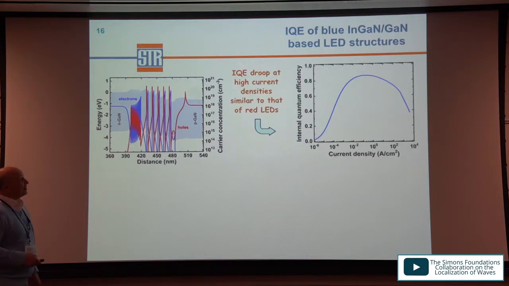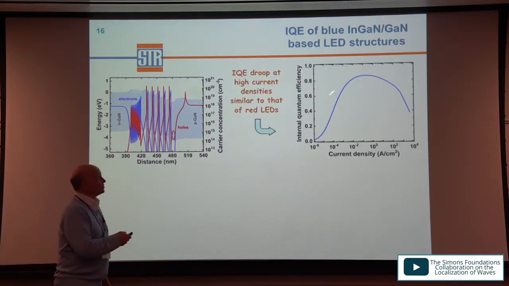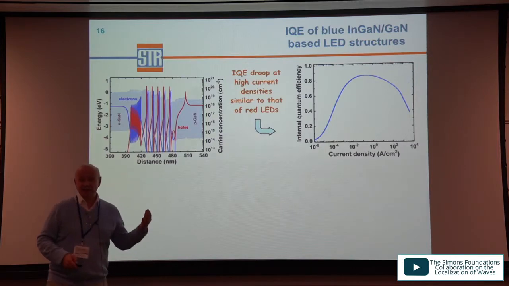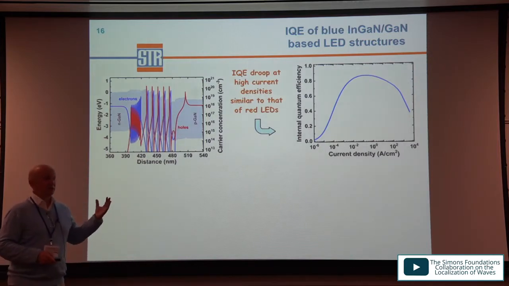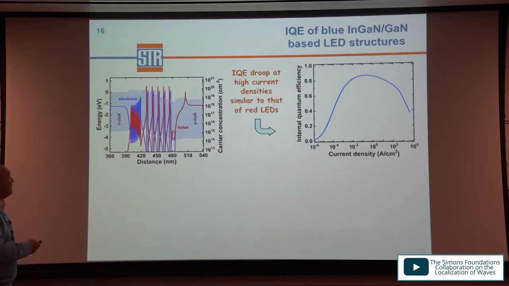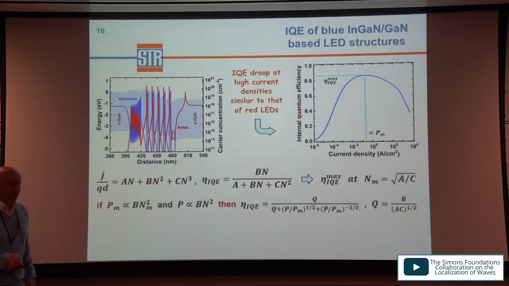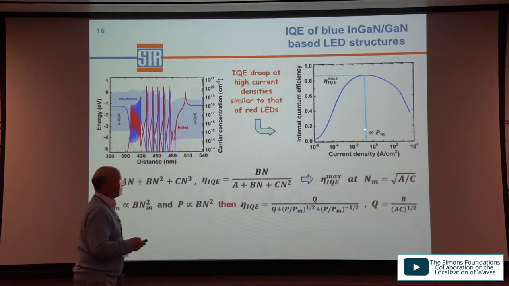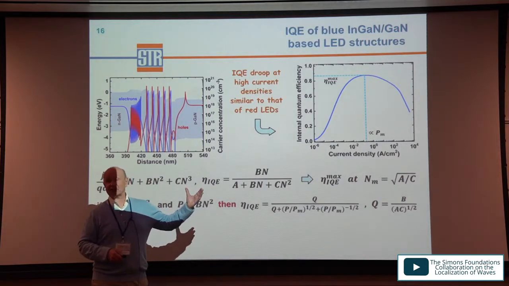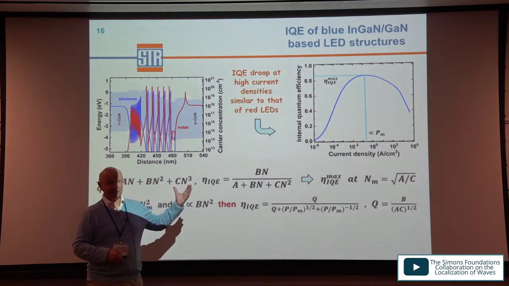If we consider the internal quantum efficiency, you see very similar behavior to the red semiconductors. However, the nature is quite different, because high electron concentration involves interplane Auger recombination. Auger recombination is a non-radiative process which needs a high carrier concentration in the active region.